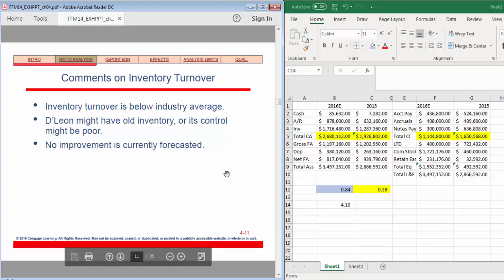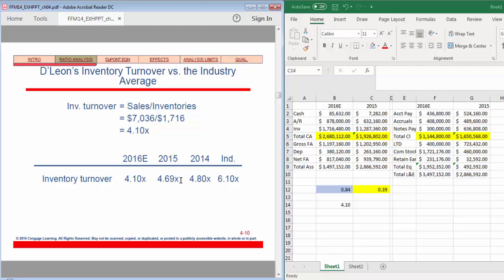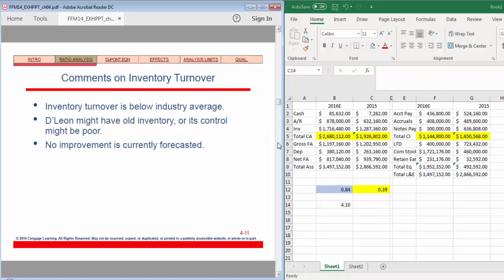DeLeon might have old inventory, or its control might be poor. No improvement is currently forecasted. So you can see that between 15 and 16, the 16 estimate is actually lower than 15. So what recommendations could you give the managers at DeLeon?